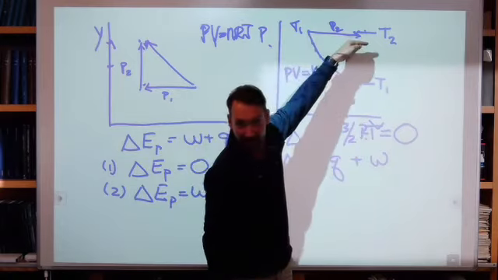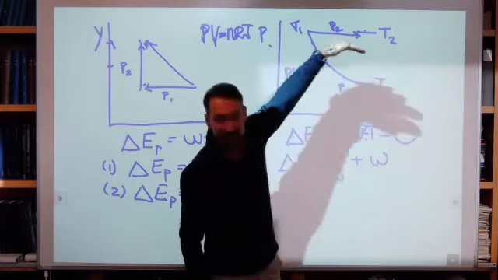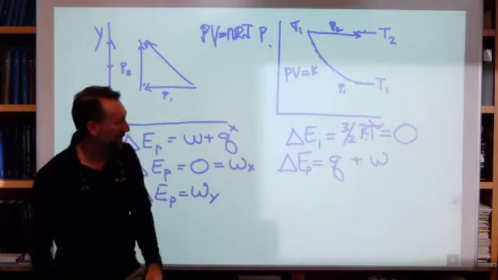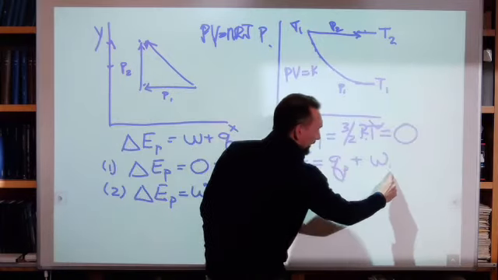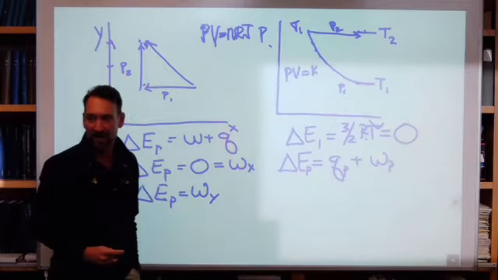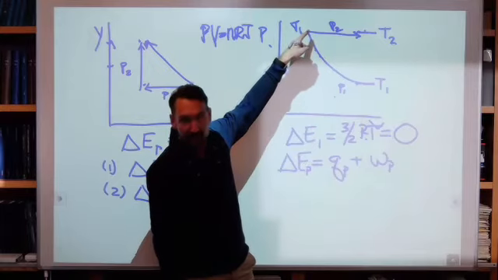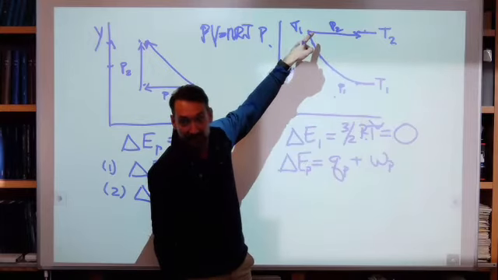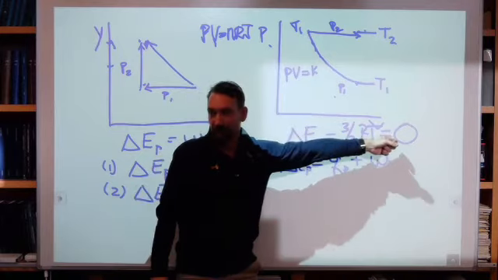Along this path, it's a constant pressure path. And that's obvious because it's just horizontal. So the constant pressure work and the constant pressure heat are what I have to add up. Here, it was the constant temperature work and the constant temperature heat. And it turns out those balance each other. One's the opposite of the other. So you get 0.